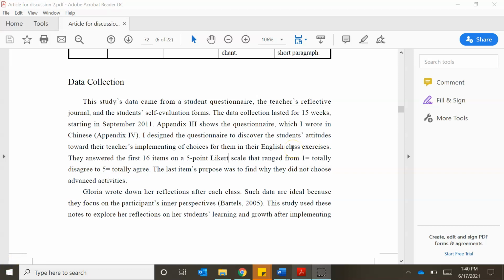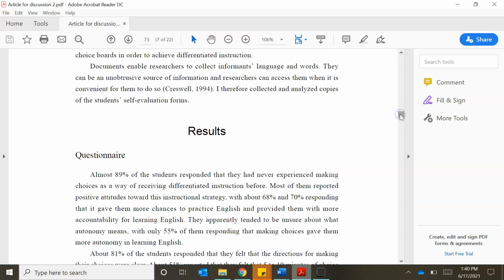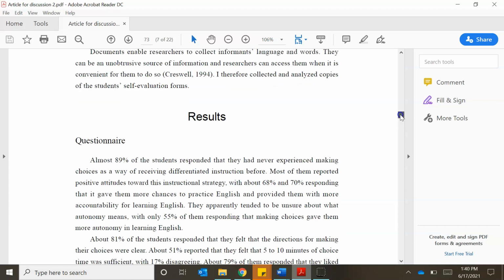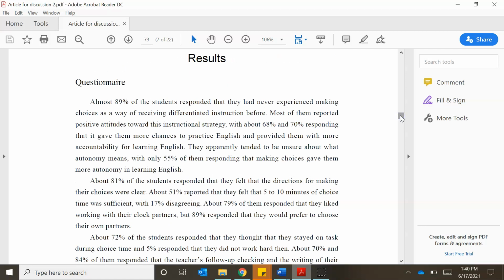The next thing that I'm going to do is go all the way down near the bottom of the report and find the results section. In this case, it was very close to the top, as the majority of this paper is filled with questionnaires and the methodology that was used. It was right underneath the data collection section. I'm going to read through the entire results section.